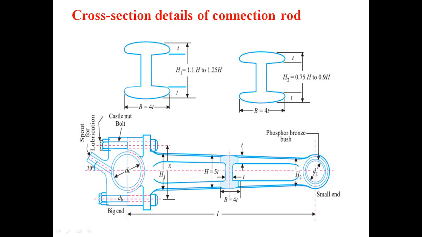So you can see H1 is equal to 1.1 H to 1.25 H at the big end side, and H2 is equal to 0.75 H to 0.9 H. While calculating, we calculate the value of H, and on the basis of H we can easily evaluate the values of H1 and H2.